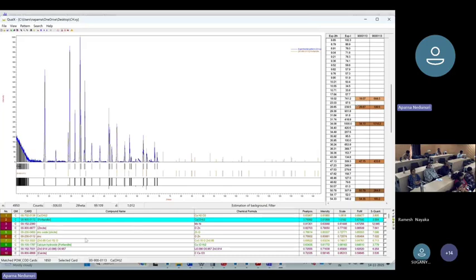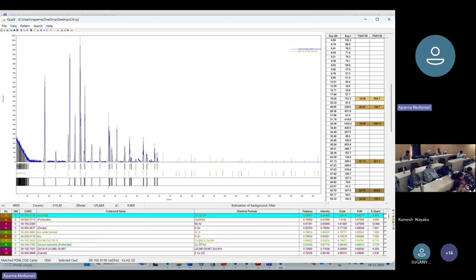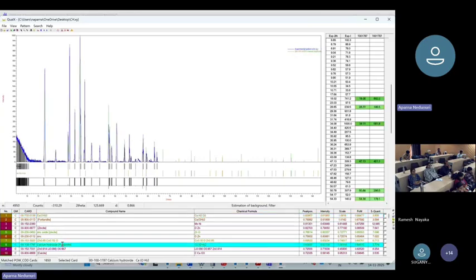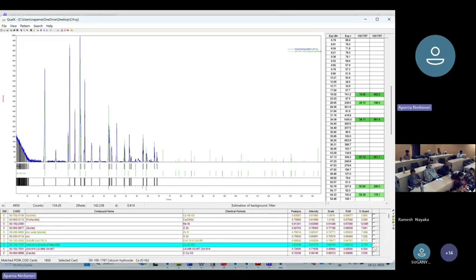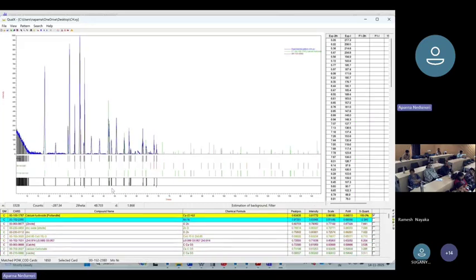This is at 18.7, so let's go with this. Or let us pick up this one. There is also Portlandite over here. If I pick up that, then I have here 18.0 to 18.07, almost near over here. So let's try to include that phase in our sample.